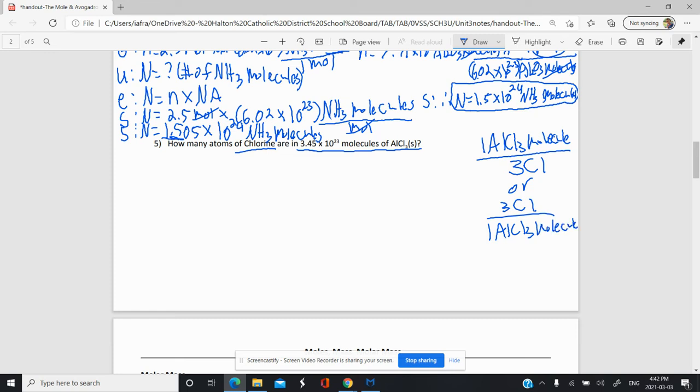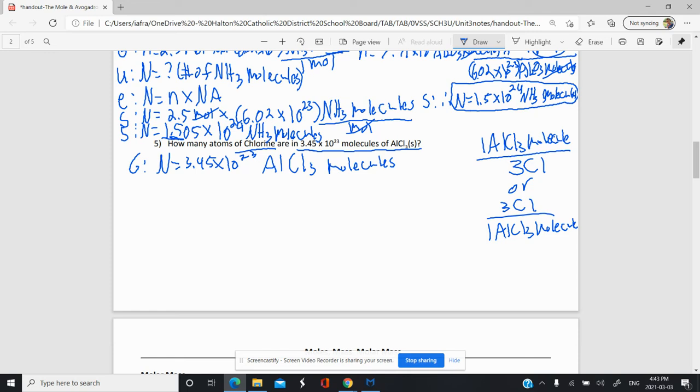Okay. So what are we given? We are given the number of particles, 3.45 times 10 to the power of 23 AlCl3 molecules.